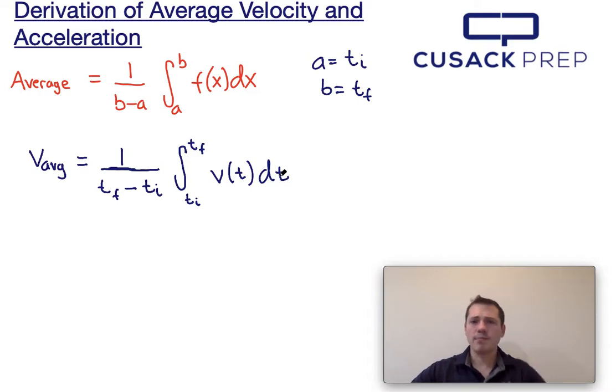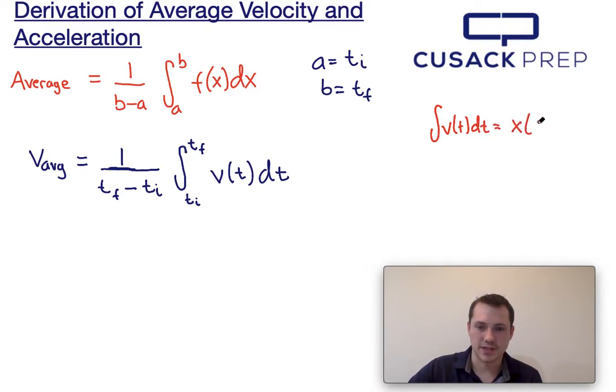Well, if you recall, the integral of velocity is what gives us our position. So if I integrate velocity, which is a function of time, with respect to time, that's just going to give me my position as a function of time. So this whole integral here, I'll do separately.